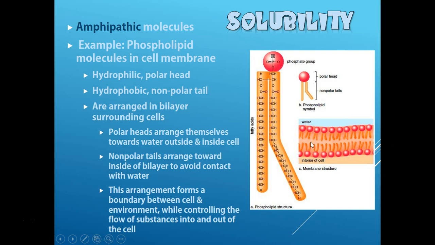And so you get this double layer that ends up forming a barrier between the outside of your cells and the inside, and the chemical properties of these phospholipids are really going to drive what gets in and out of your cells, and we'll talk about that a little later this year when we talk about cell transport.